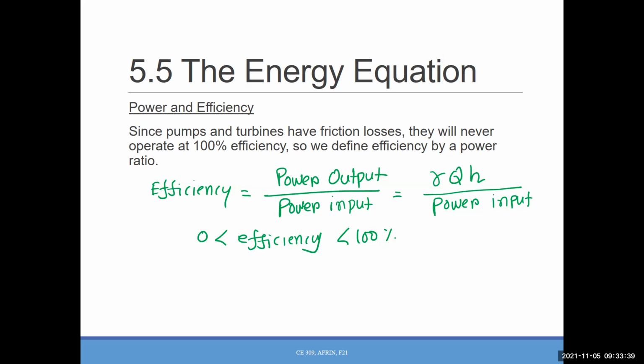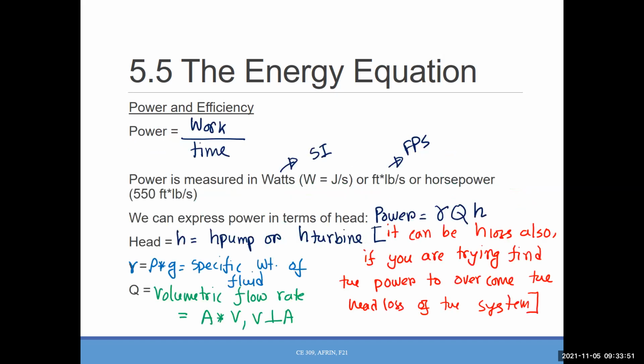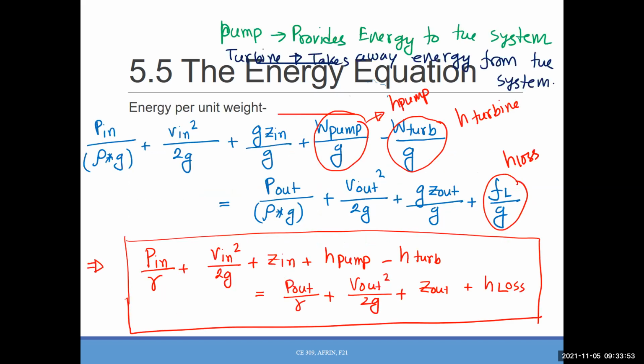It can take care of all the energy addition or all the energy loss in the system, right? Okay, so are we good up to this point? And if you look at the expression here, it's pretty much the same expression as Bernoulli's equation, except it has some extra terms for taking care of all the other things, right?